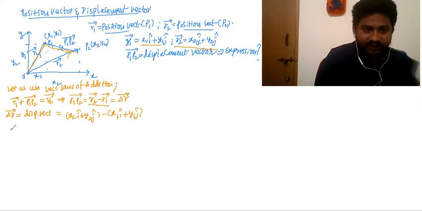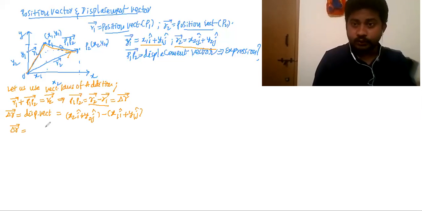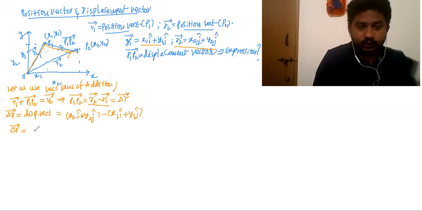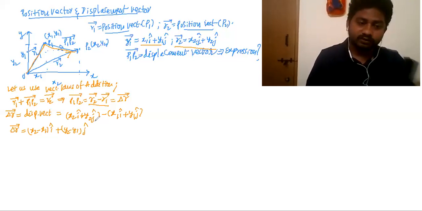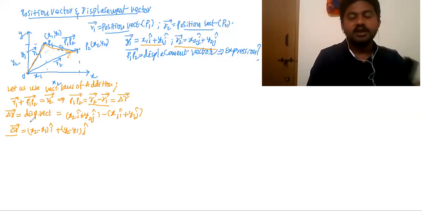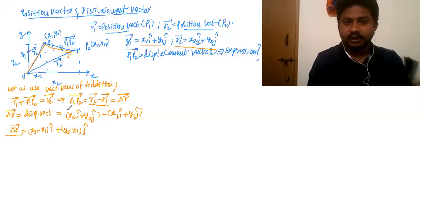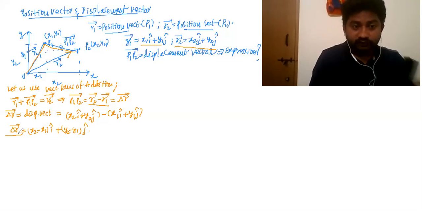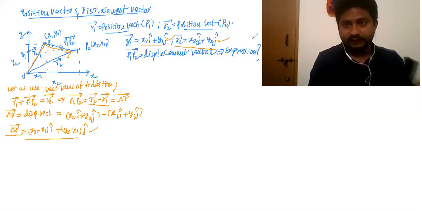So finally, the change in position, the displacement vector, is x2 minus x1 into i cap, because i cap you take common, plus y2 minus y1 j cap. These are the i cap and j cap components of what vector? Components of the displacement vector. This is the displacement vector, and these are the position vectors.